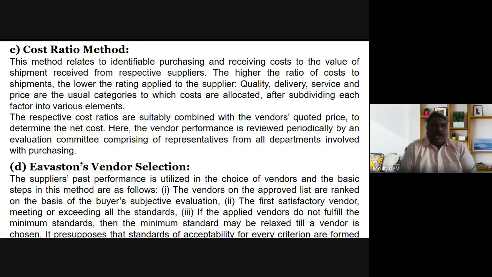So in the cost ratio method, we are going to see the cost involved in quality, delivery, service and prices. On these indicators, costs are allocated. After subdividing each factor into various elements, we are going to get some percentage for each company. We check the percentage of cost involved, how much cost we would incur if we get the supplies from that particular supplier.